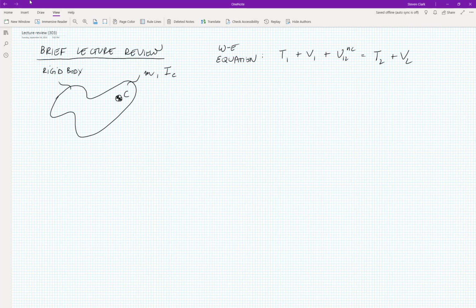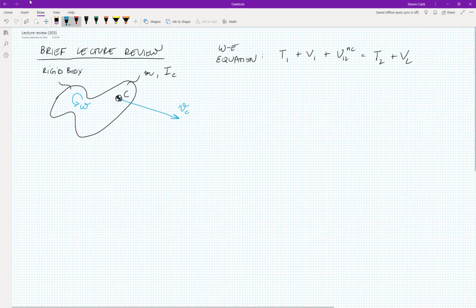We know the velocity of our center of mass, and we also know that our body rotates with omega. Let's also assume that our body is pinned at point A, so we will have a pin in here. Okay, and with all of that information, we can finally write the kinetic energy for our rigid body.